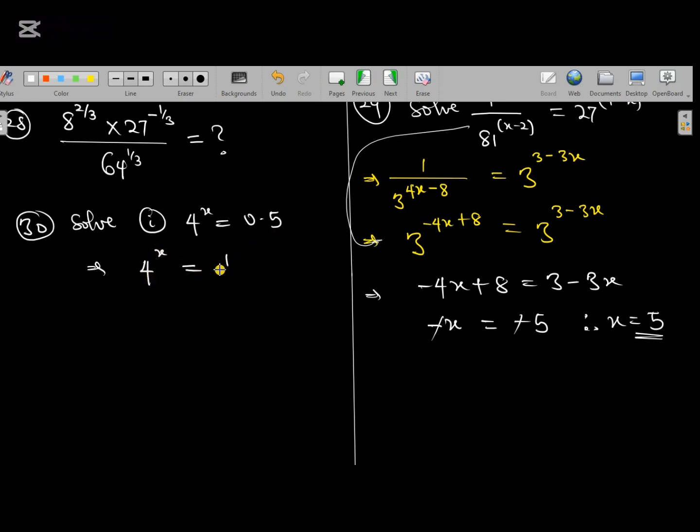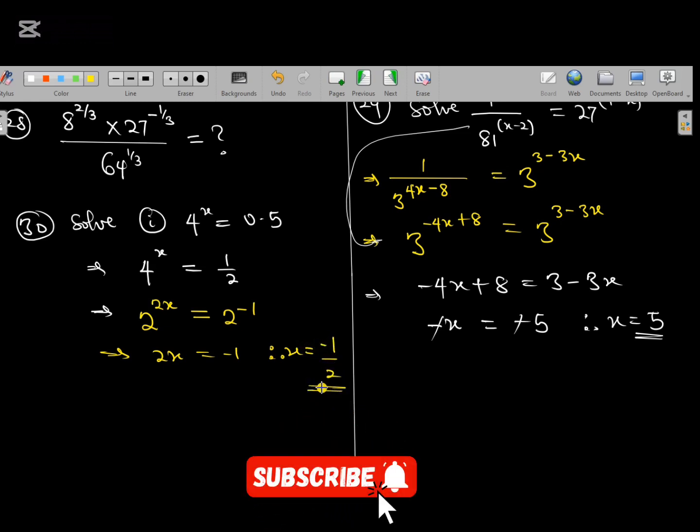So this is 1 over 2. So we take everything here to base 2, which is possible. We can write this as 2 to the power of 2, and that 2 will multiply x to give us 2x, equal to, on this side, 2 raised to the power of minus 1. Equal bases will go, so we have 2x is equal to minus 1, and therefore our x alone, you divide both sides by 2, you get minus 1 over 2.